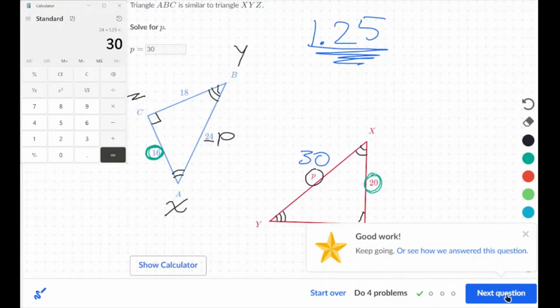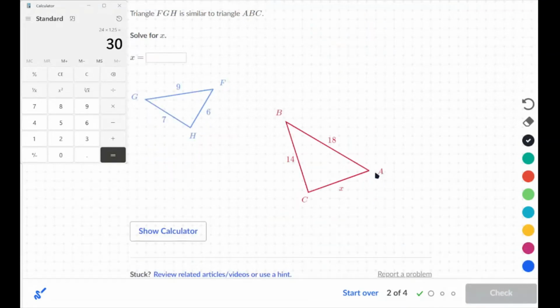Let's do a couple more. So it says here, triangle FGH is similar to triangle ABC. So again, we know that it's similar because of the angles.